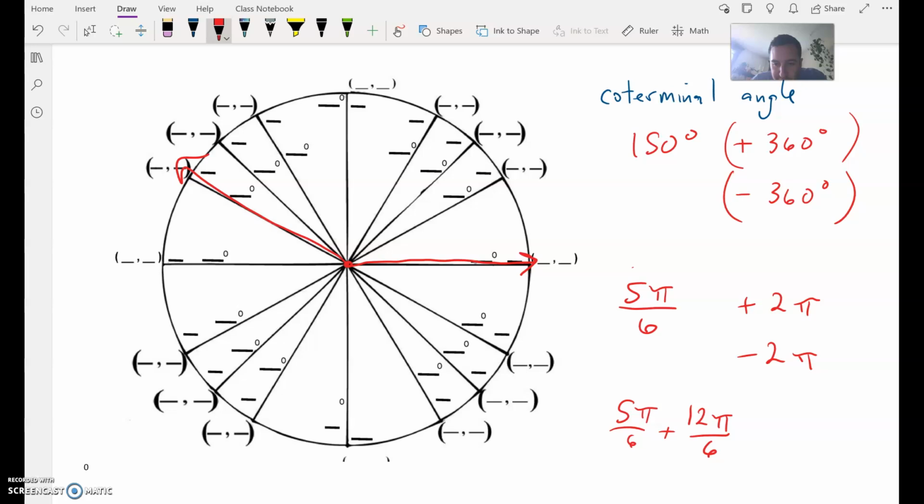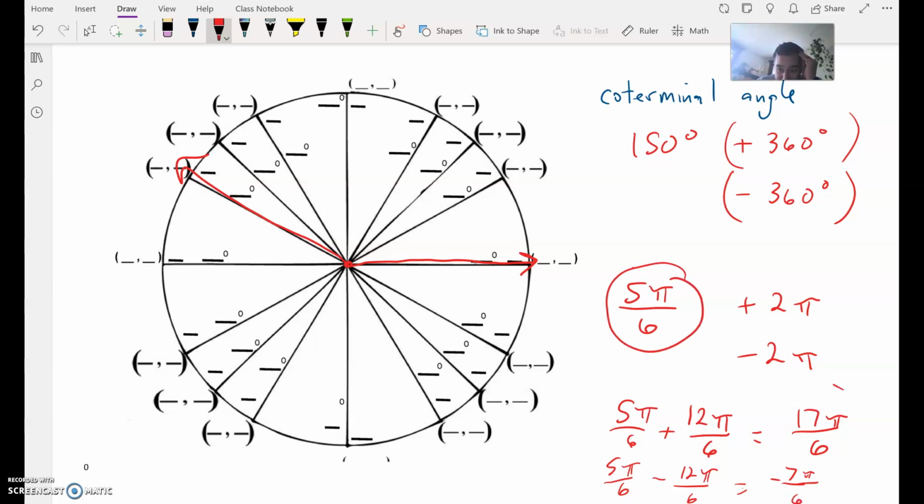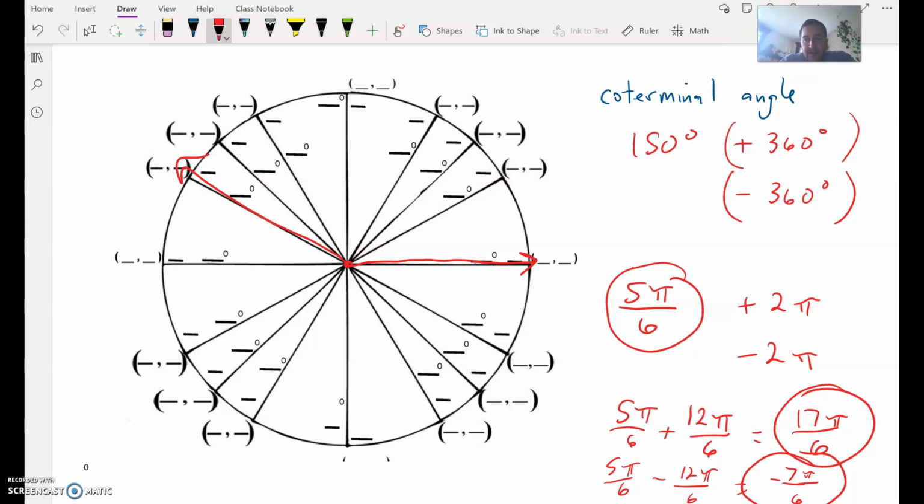See how that's still 2 pi? It's just now we can add these quickly and get 17 pi over 6. And same thing could be true if we subtracted. 5 pi over 6 minus 2 pi would give us negative 7 pi over 6. So as you can see, 5 pi over 6, 17 pi over 6, and negative 7 pi over 6 are all coterminals. So that's one idea that you're going to see again.